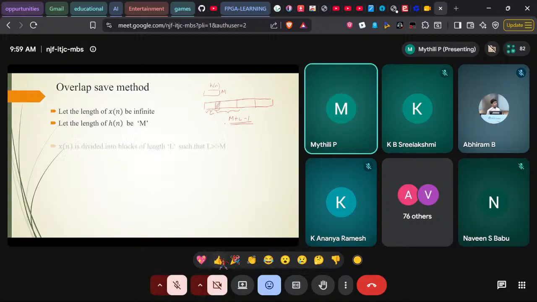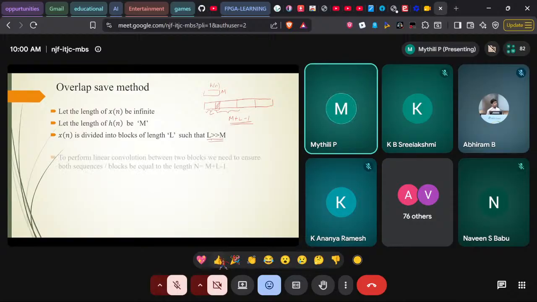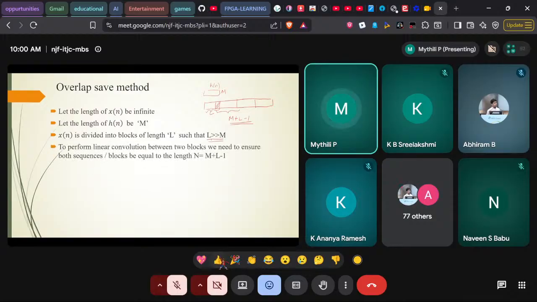So the same way x of n is divided into blocks of length L. You're supposed to make sure it is greater than M, but for classwork, small problems, you can choose your own. You can take it to be equal also. To perform linear convolution between two blocks, you are going to ensure that it is M plus L minus 1.